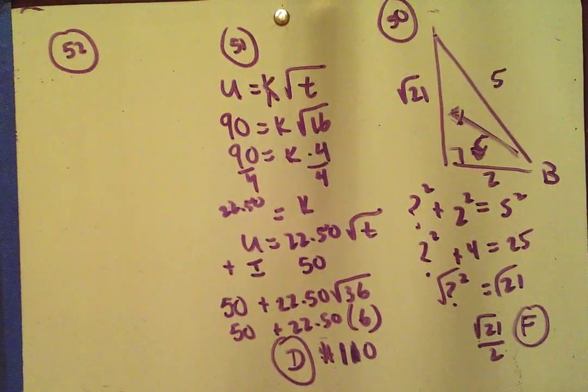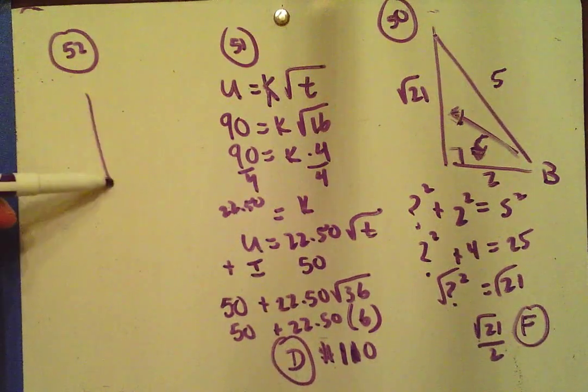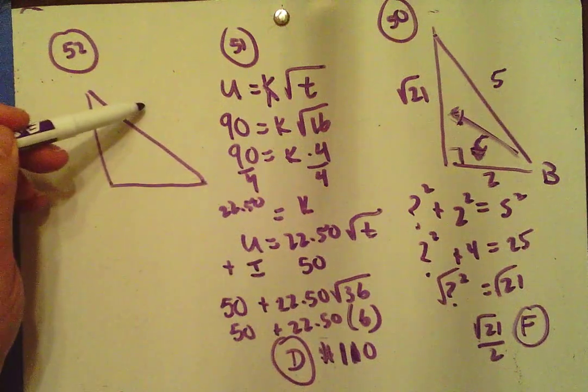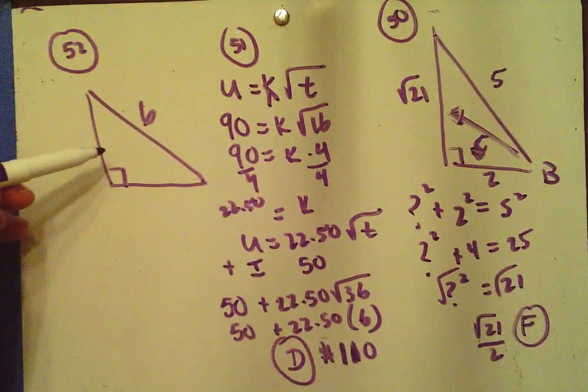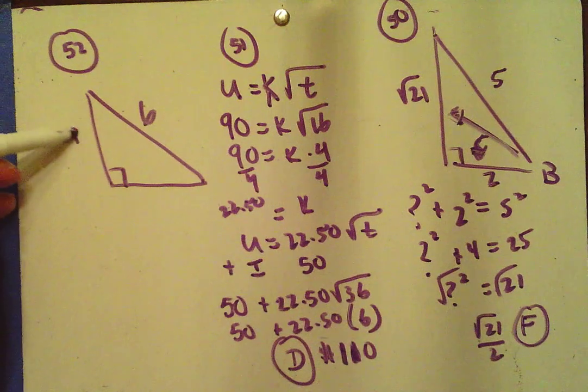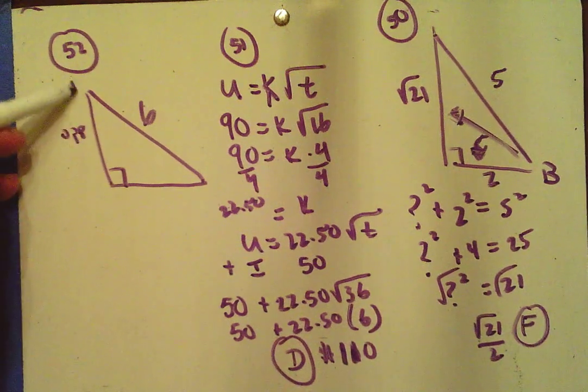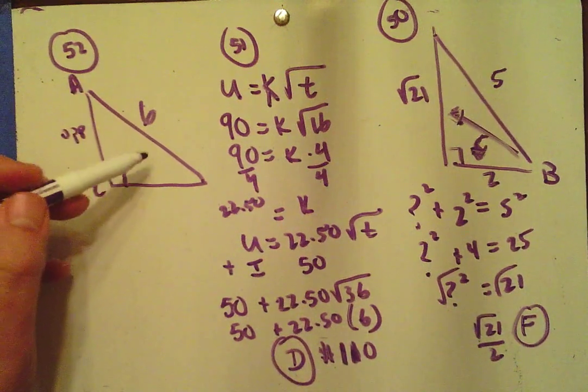52 says we've got another triangle. C is on BD. The length of AD is 6. Sine of D is 0.8. Okay, so this is 6. This is the opposite side, also known as AC, the thing we're looking for.